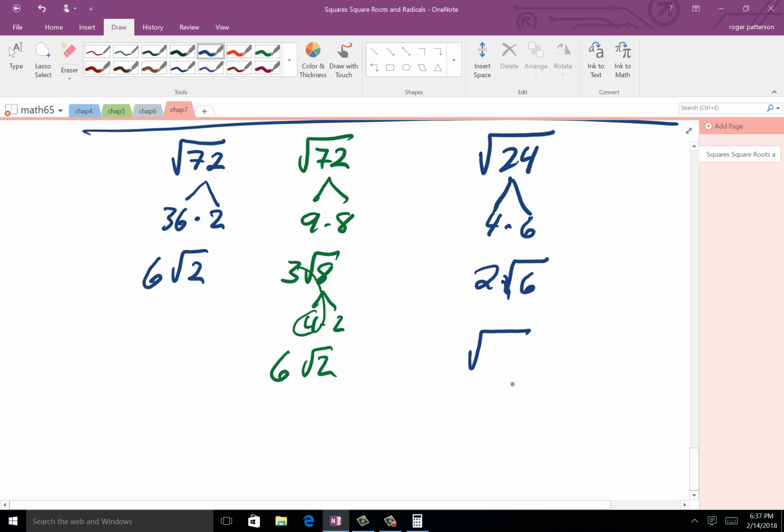Square root of, let's see, we go 48. So now we need the largest perfect square that goes into 48. So we're going to check that list.